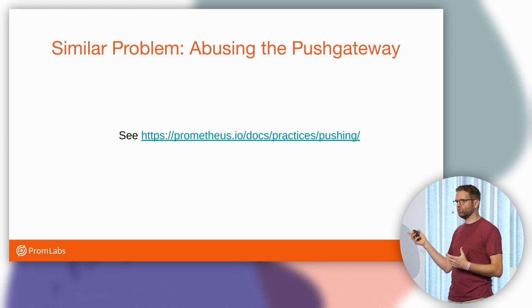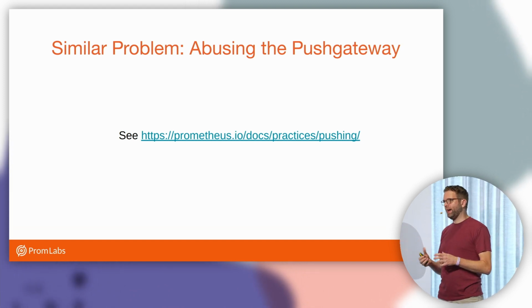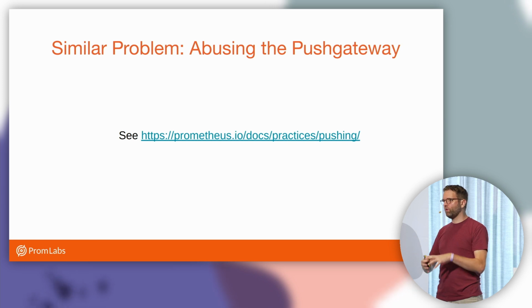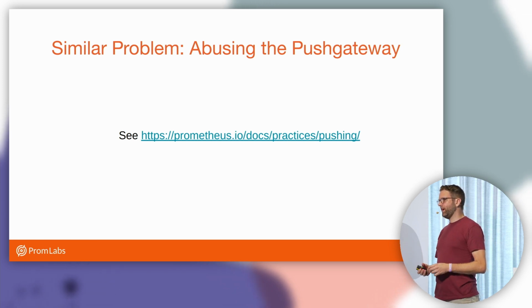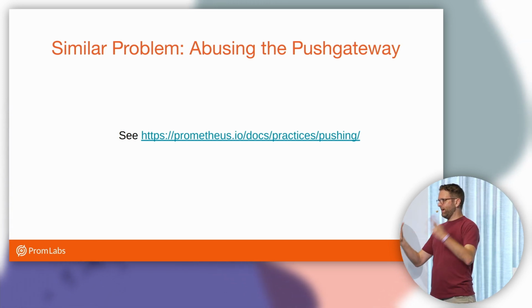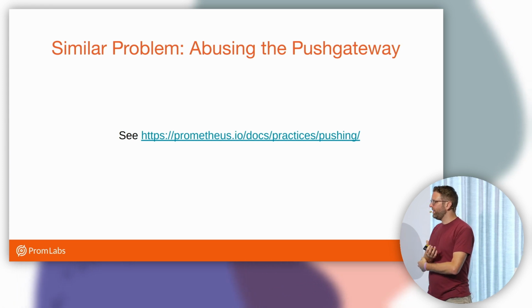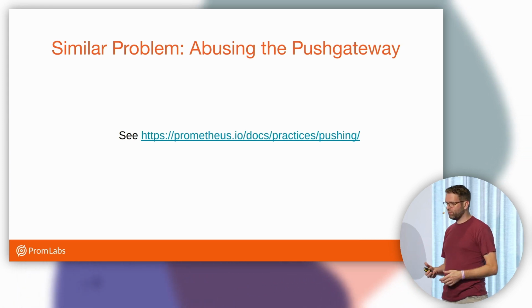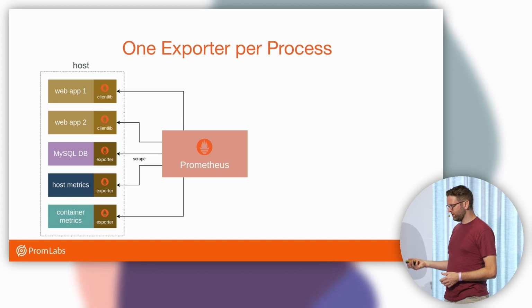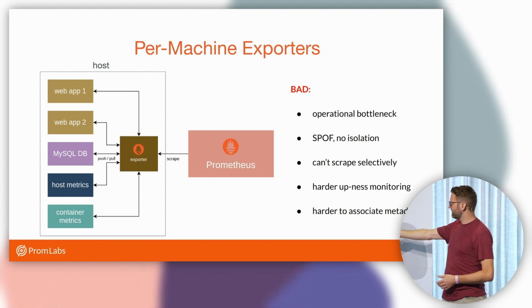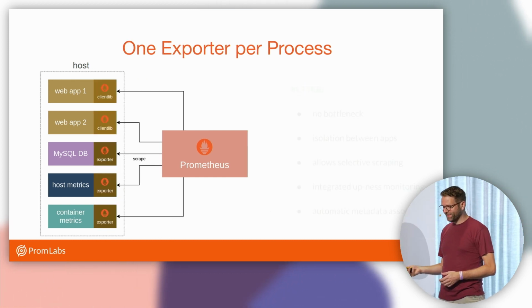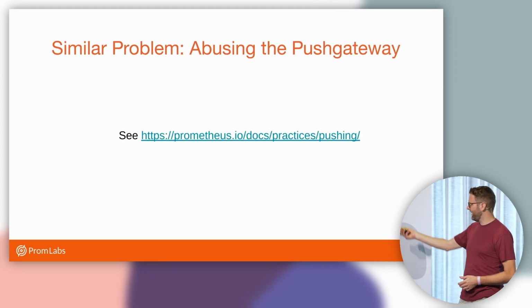Like, don't try to use the Pushgateway as kind of an intermediary thing for totally normal services, just writing everything in there to transform Prometheus into a push-based monitoring system, because then you run again into pretty much all of these same issues and some more. And the some more issues are again outlined on here.